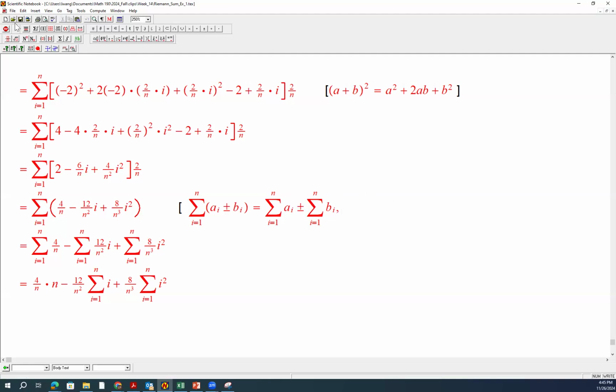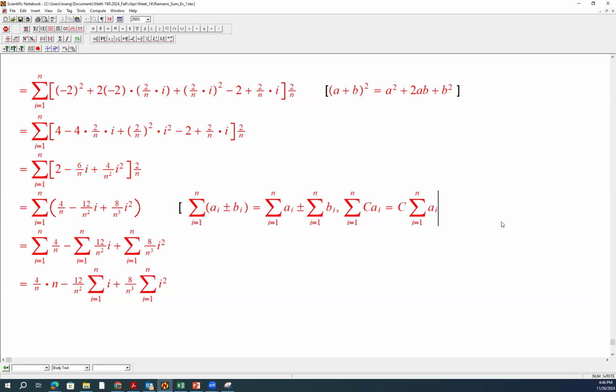Okay, and the constant. Suppose you have a big fat constant C times a sub i. You can bring this constant outside the summation. But what makes a constant? A constant is defined as anything that is not dependent on the variation of i, because we know that i changes: 1, 2, 3, 4, all the way to n.